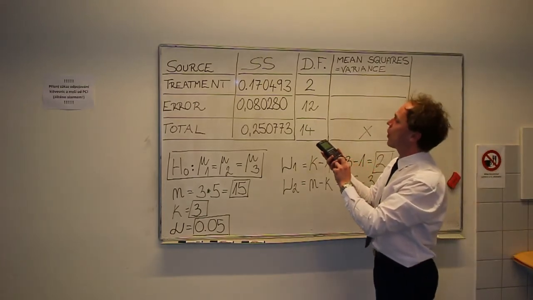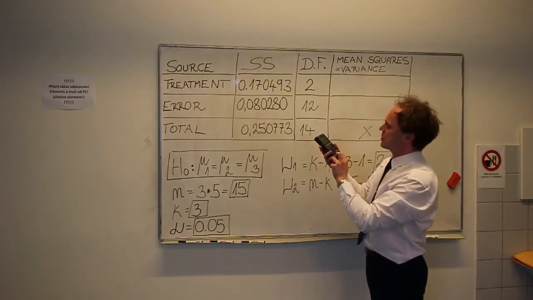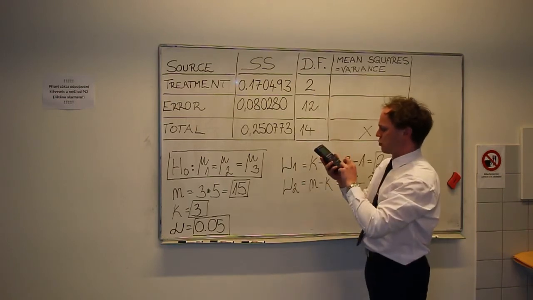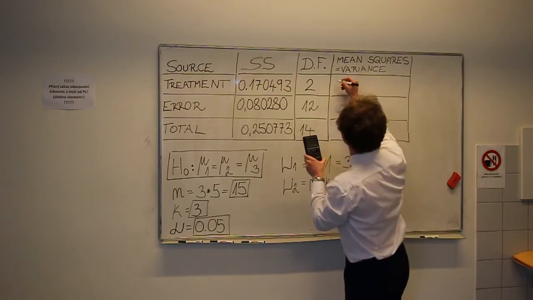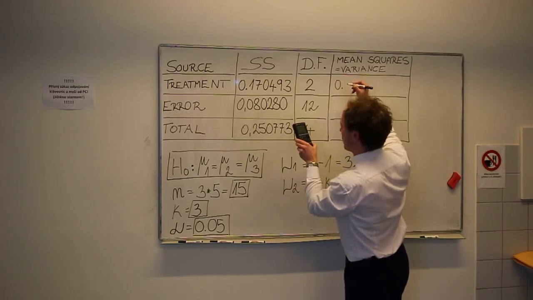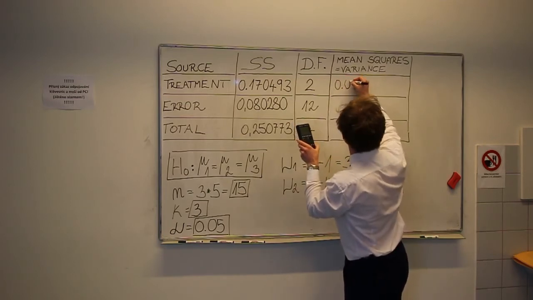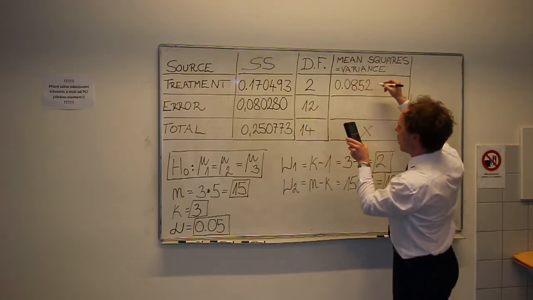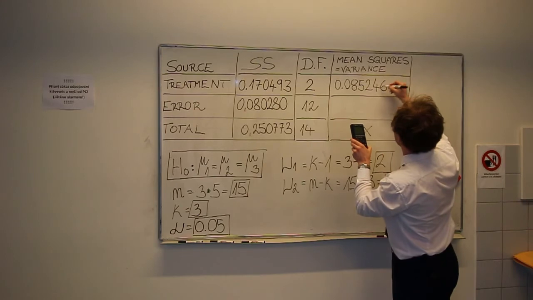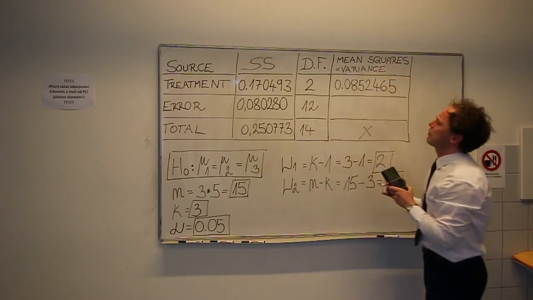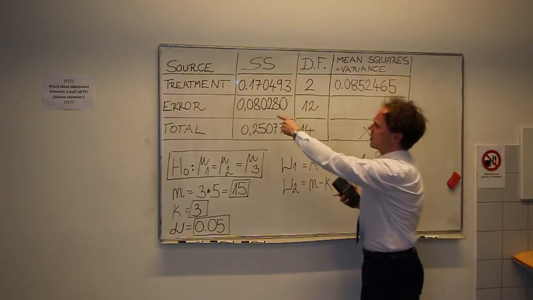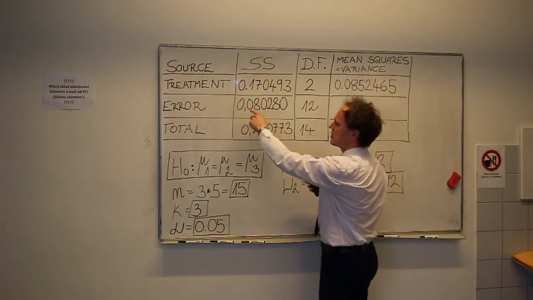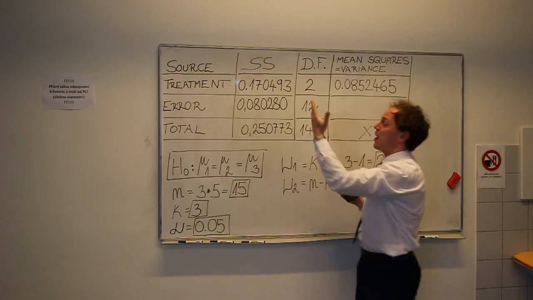So 0.170493 divided by 2 is equal to 0.0852. And here this will be a very small number, because you can see 0.08 divided by 12.